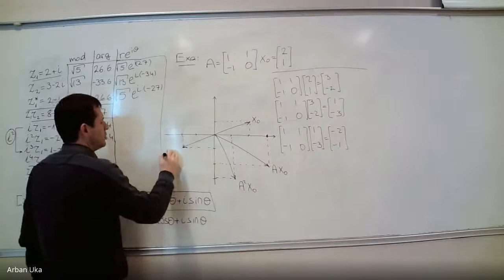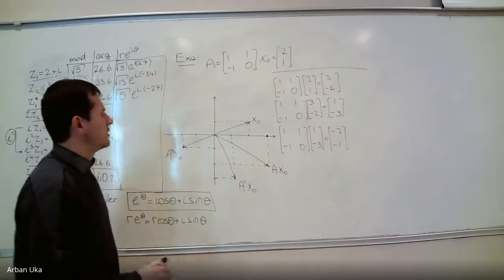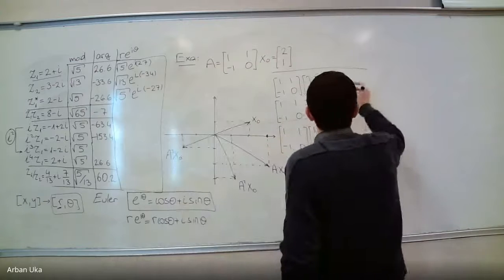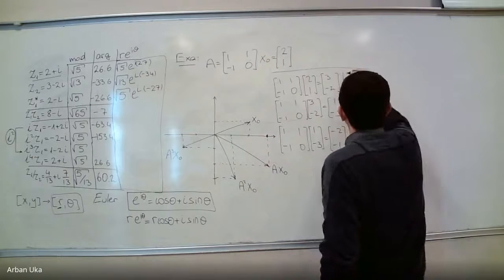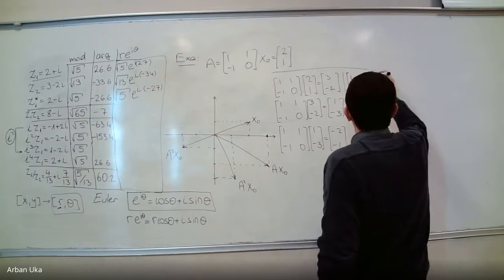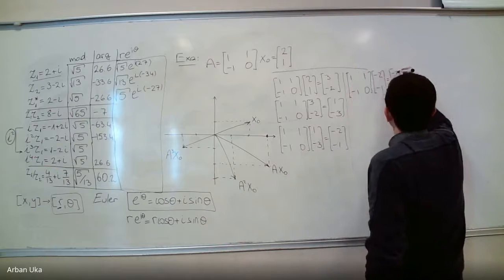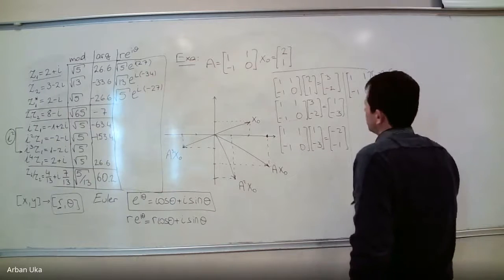So this is A cubed times x0. We continue again, and this would be equal to minus 3, 2.